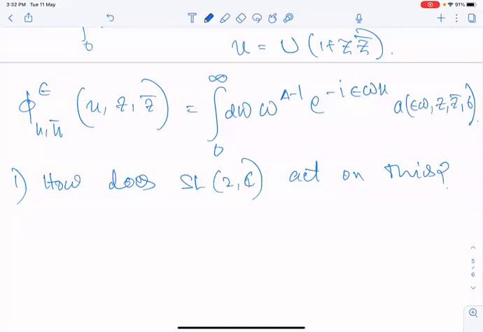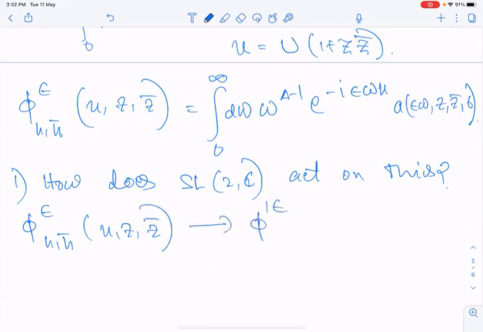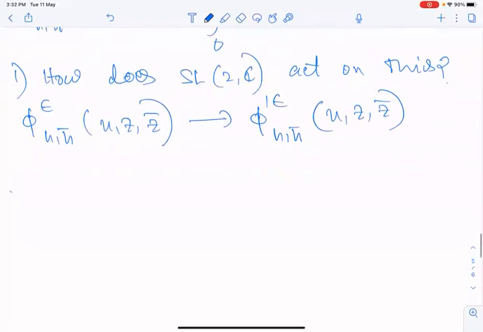Using everything we have done so far, you can show that under SL2C transformation, this operator will transform almost in the same way.